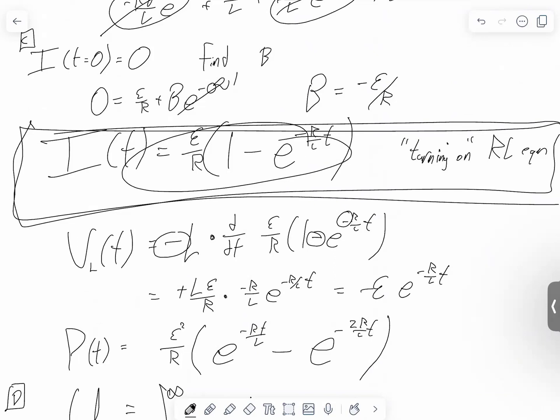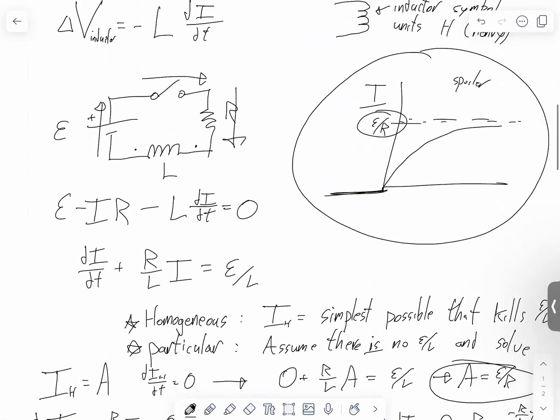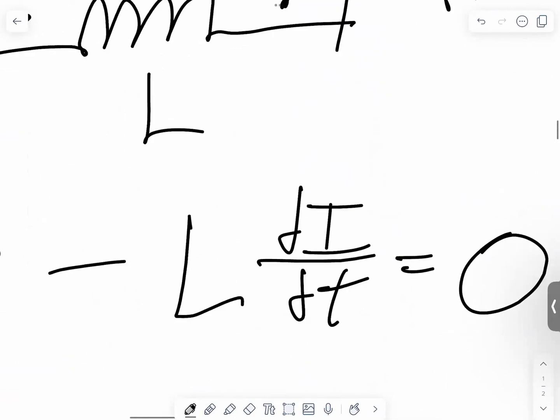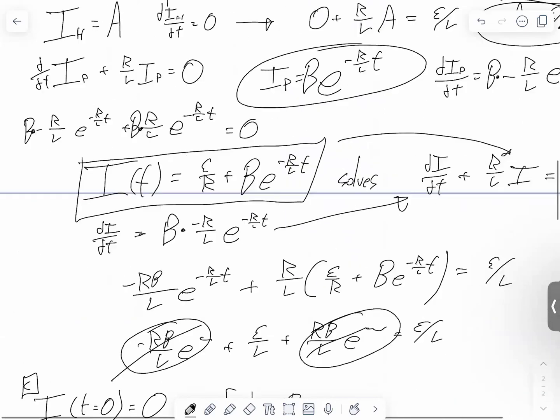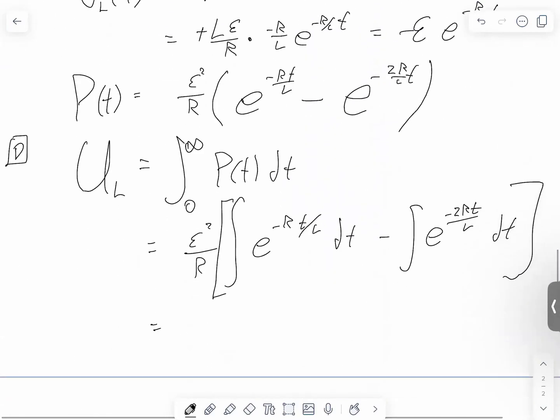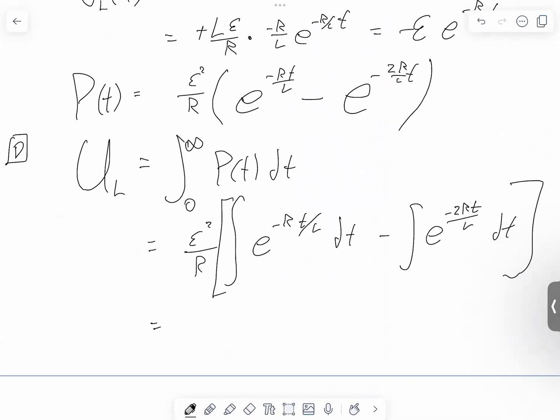Oh, I know where it went. Remember how earlier I was mentally trying to reason? It opposes the change, so it acts like a battery. The battery is flipped upside down. We'll reason through that in a second. Yeah, but the voltage drop from positive to negative, where the current is going, is flipped. Voltage opposes the increase.